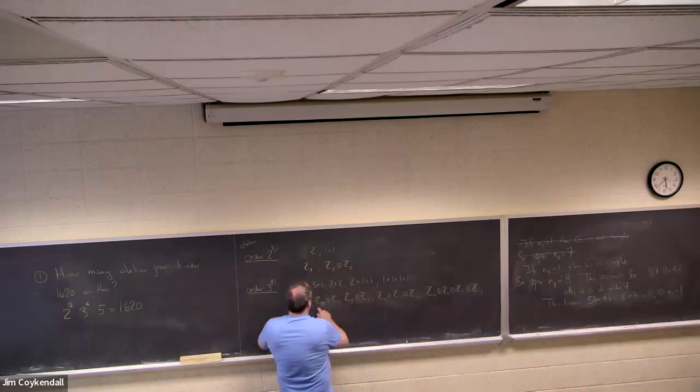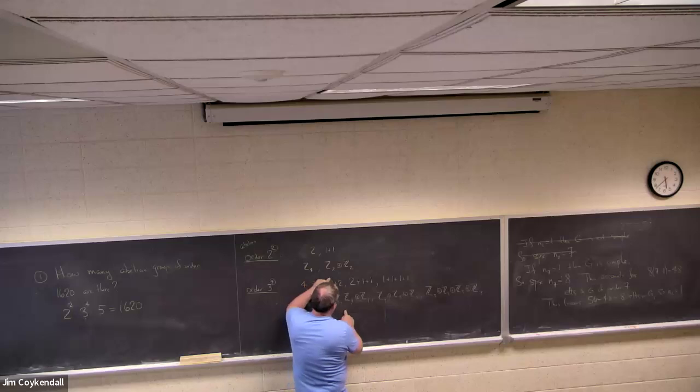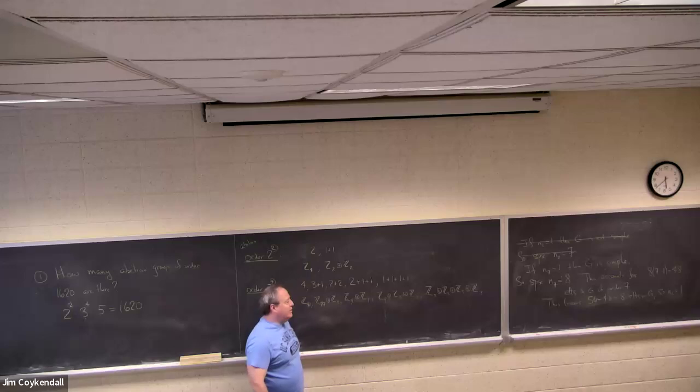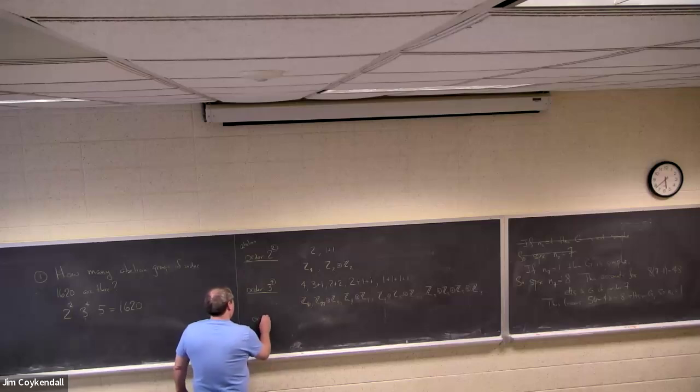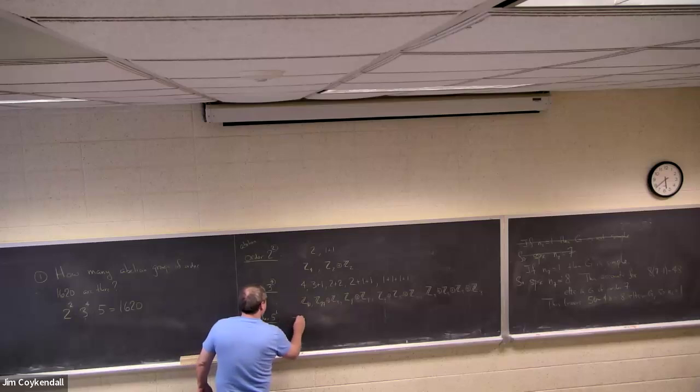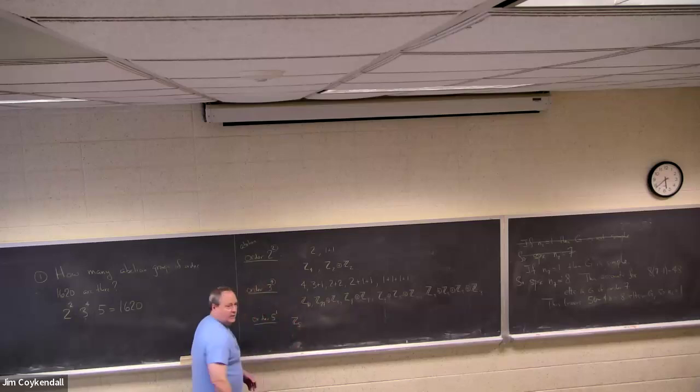These are basically the pieces. This is 3 to the 4th power. This is 3 cubed direct sum 3 to the 1, 3 squared direct sum 3 squared. Those partitions give you the ways to work them. And for order 5, that's easy. And that's it.